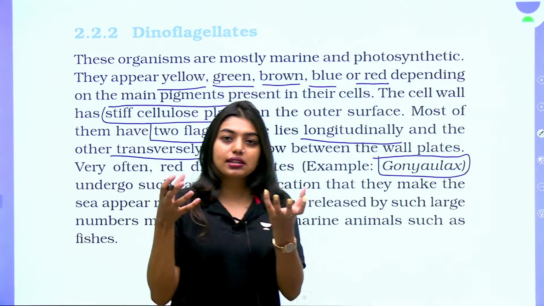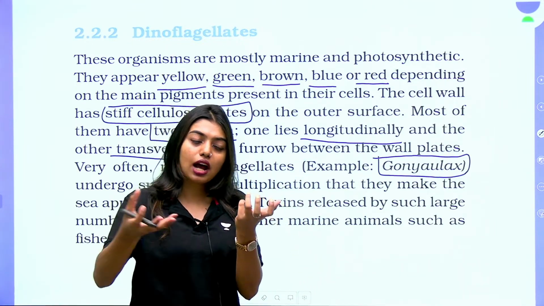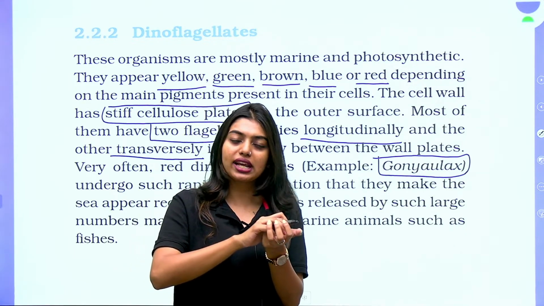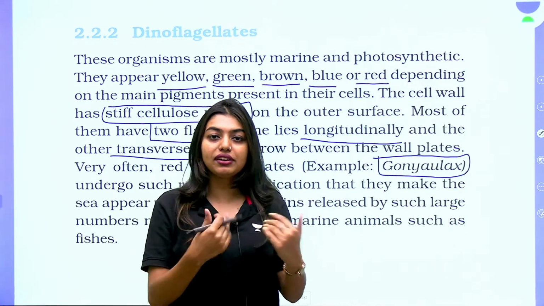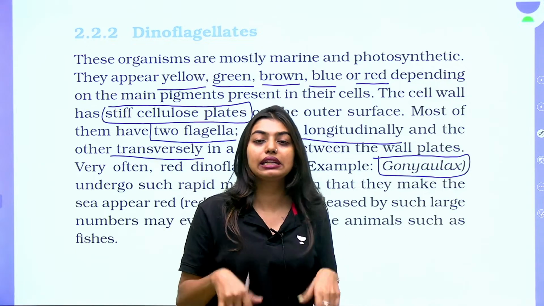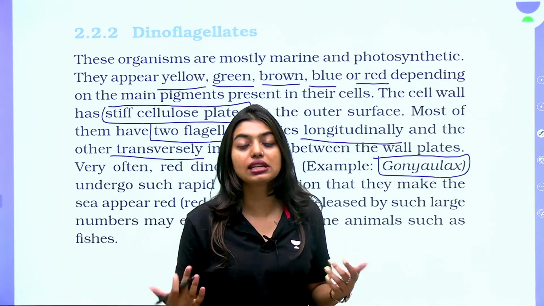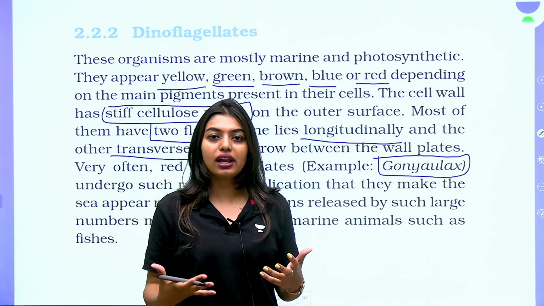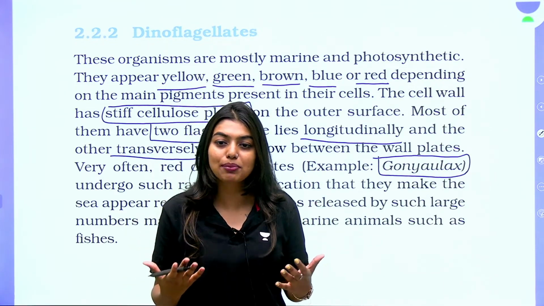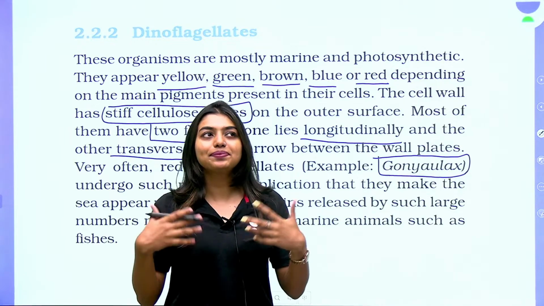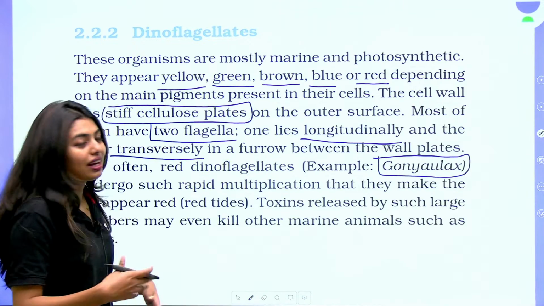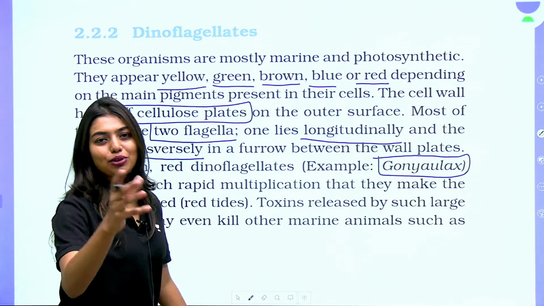Other marine organisms absorb the toxins released by Goniolax, and when we humans consume them, we end up having serious infections. It can even reach such a fatal condition where you could die. So understood, not everything that you see as beautiful is good, students, don't judge a book by its cover.